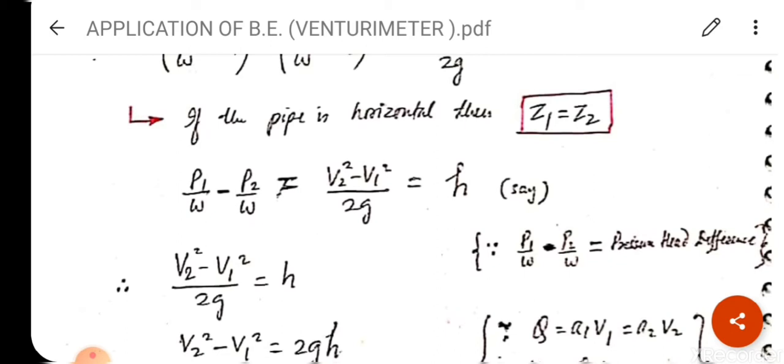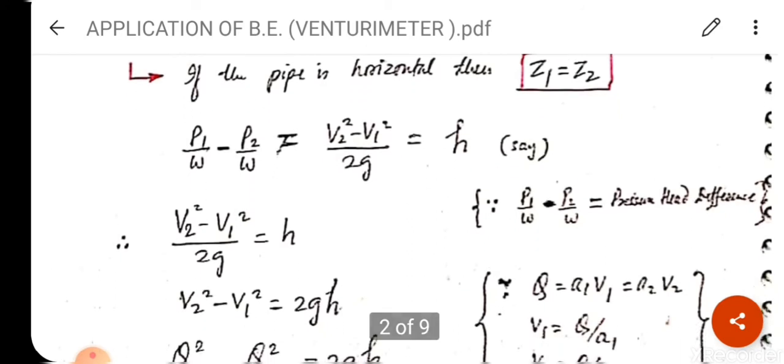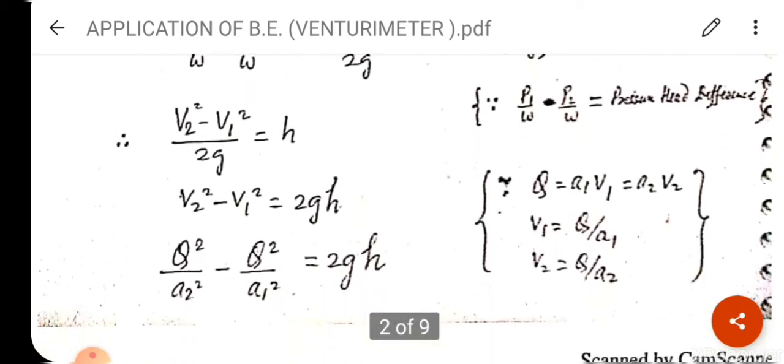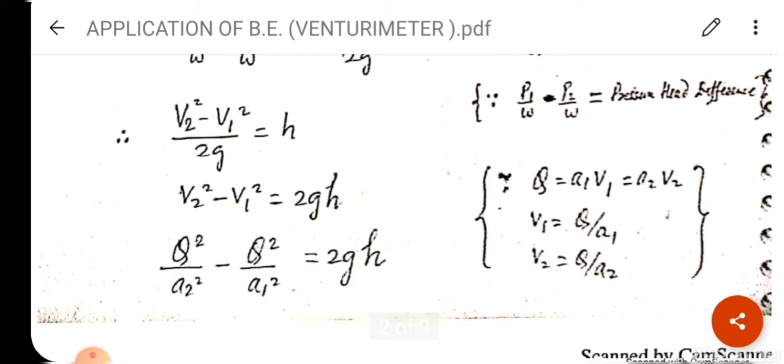What is H? The pressure head difference, that is P1 by W minus P2 by W, is denoted by H. So we can write V2 square minus V1 square upon 2G is equal to H. Shifting 2G to the right side, we get V2 square minus V1 square is equal to 2GH.